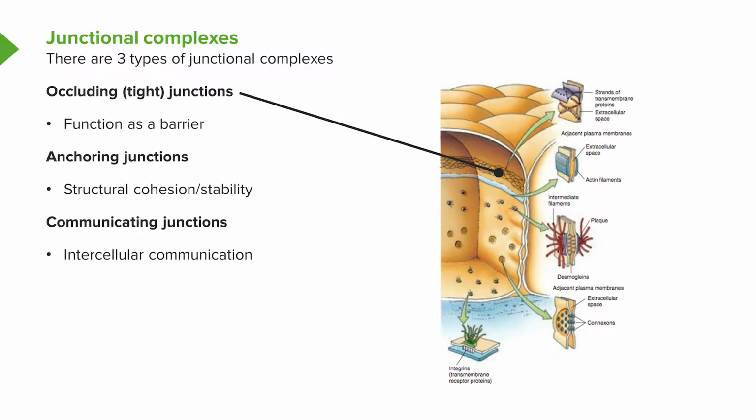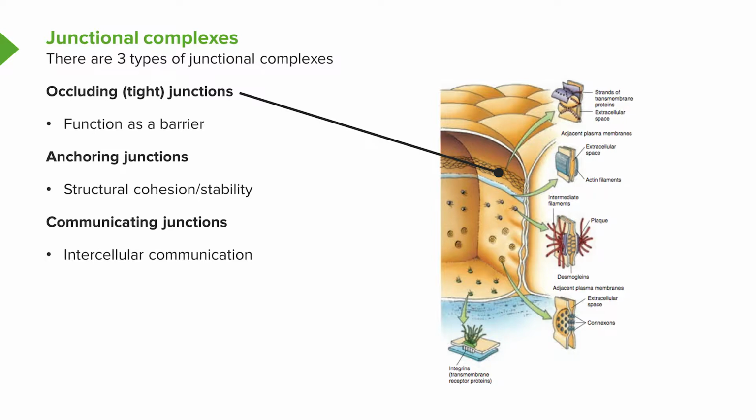And that's very important because there are molecules in the apex of the cell and on the lateral surface of the cell that have very important functions. So it's important to separate these 2 domains. And one function of the tight junctions or the occluding junctions is to maintain the integrity of these 2 domains.